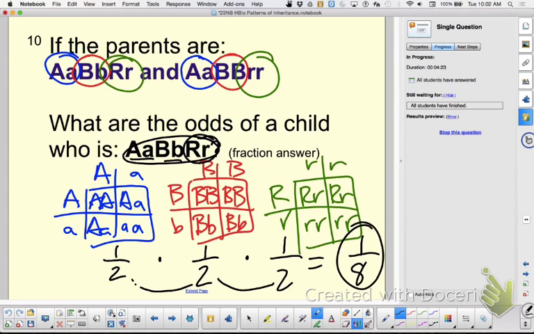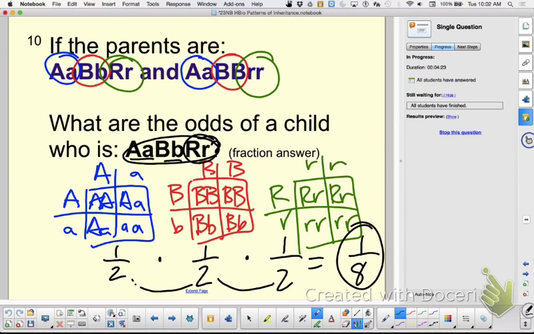If these are the parents, all I'm asking is, what are the odds of getting homozygous recessive for everything? These calculations should be fairly quick. Stop doing math. What are the odds?